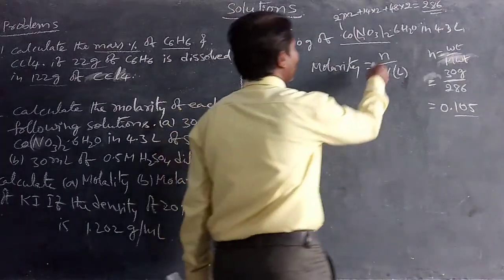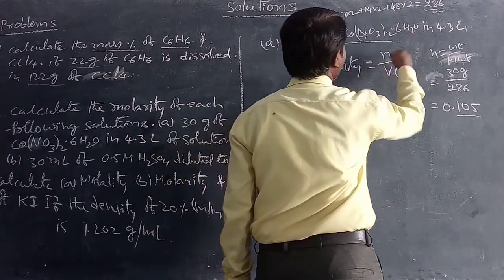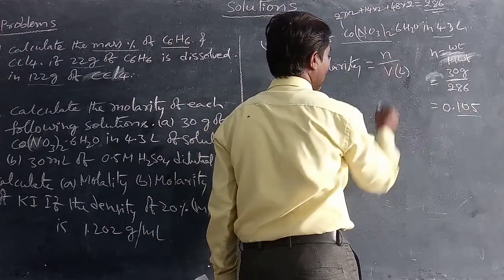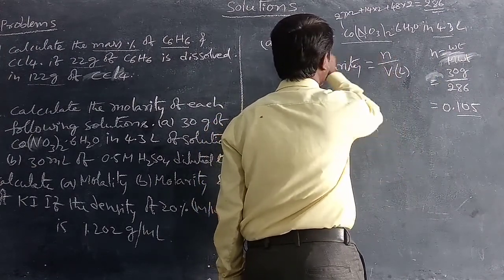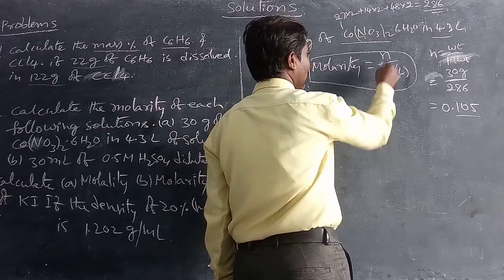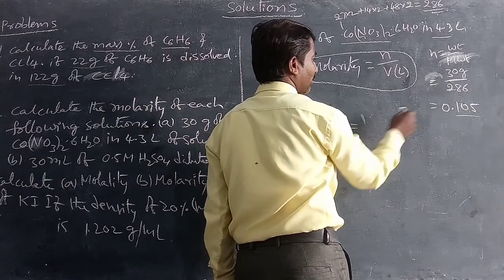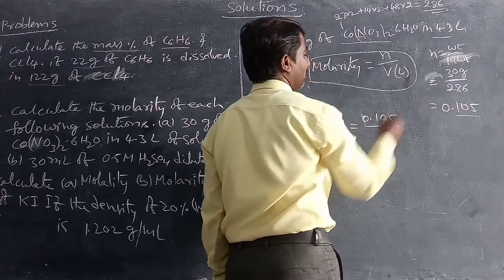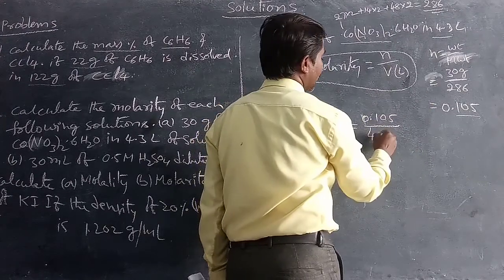Now V is given. What is V here? 4.3 liters. So this is the formula: M equals molarity equals n by V, which is 0.105 divided by 4.3 liters.